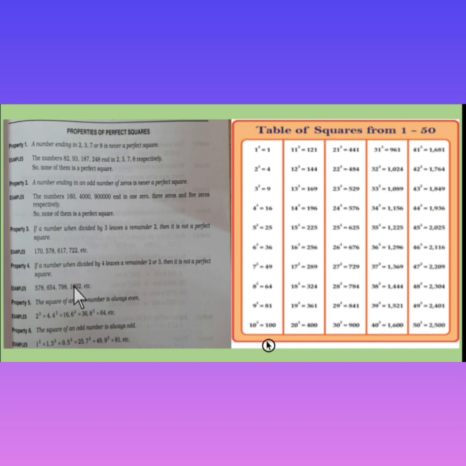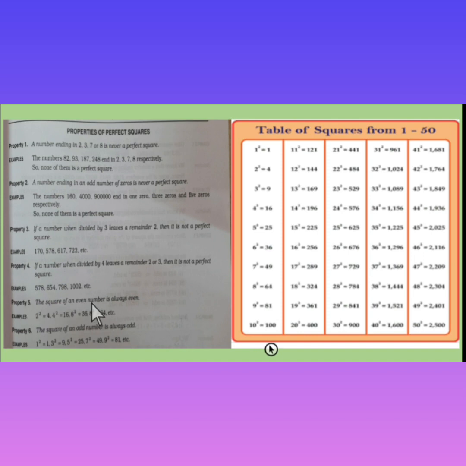When dividing by 4, we take only the ones and tens place values. Here is 78. 78 when divided by 4 gives remainder 2. So when we get the remainder 2 or 3, then it is not a perfect square.